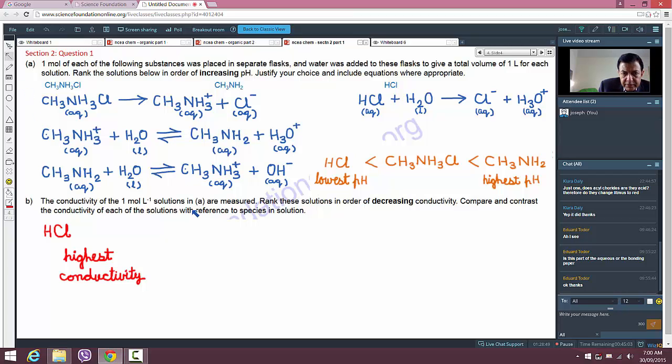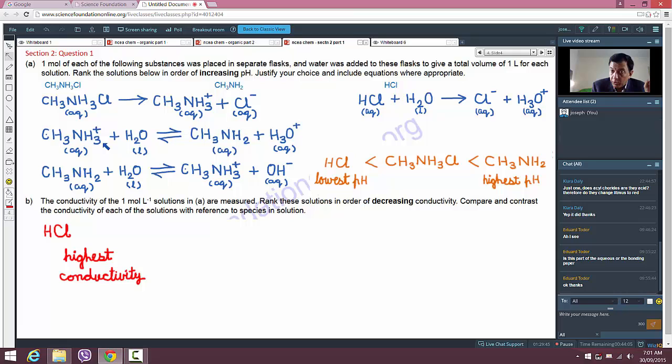Okay. Then, now look at this one here. We have CH3NH3+, and we have this one here. Now that's a weak acid, and this is a weak base. This one here reacts with water molecules, but most of this quaternary ammonium ion, which I'm pointing to now, the CH3NH3+, stays as is.